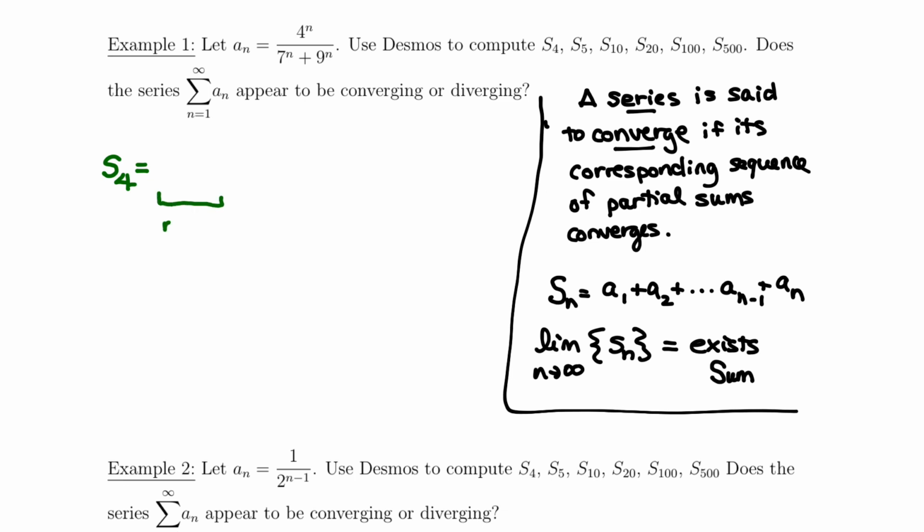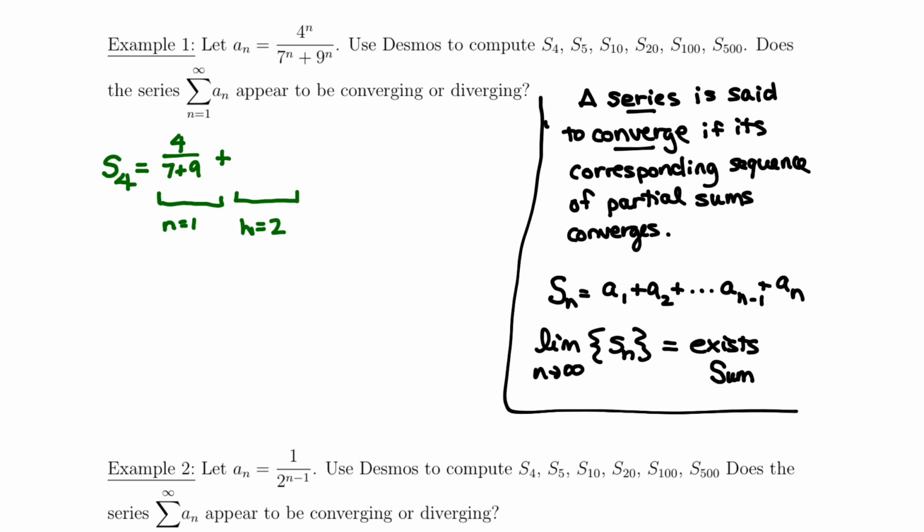I'd have to take the first term when n is 1, and put 1 in for n. And that gives me my first term in this sum. Then I'd have to add to it when n is 2.